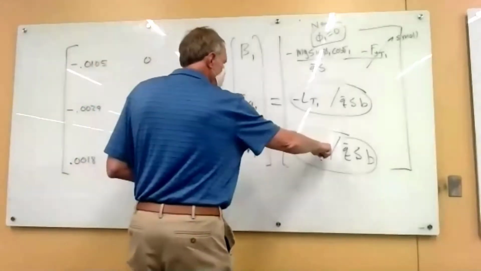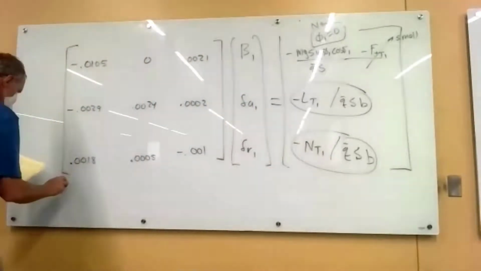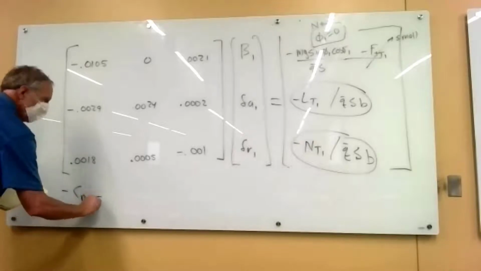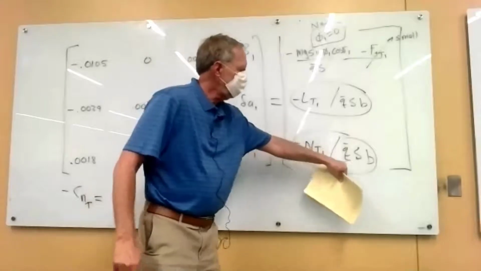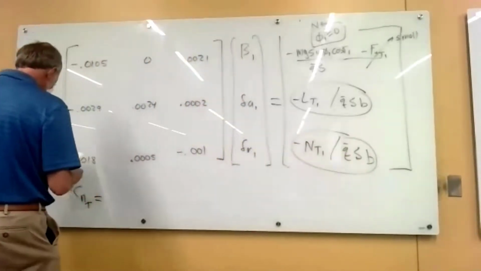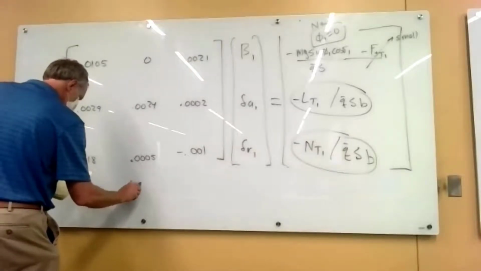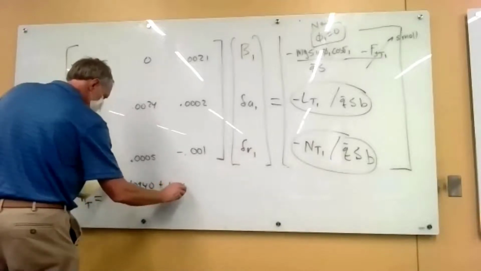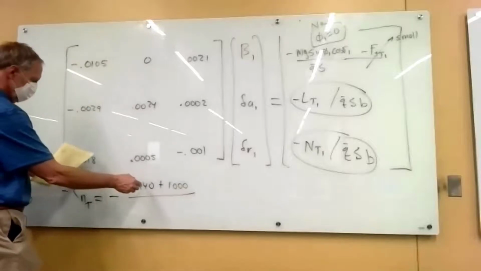All right, so now we're going to calculate these things here. So this thing on the bottom we're going to call C_N_T, because it's a coefficient. It's the yawing moment due to thrust divided by q bar S b. So we're going to plug in the numbers for that. So that's the N_T1.